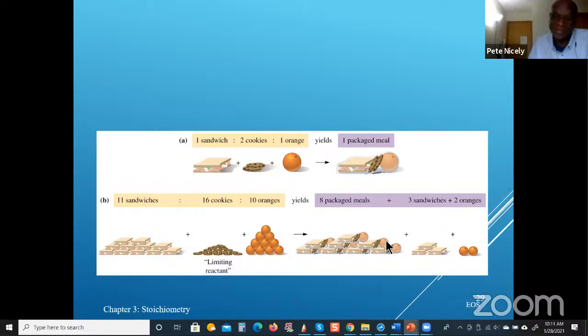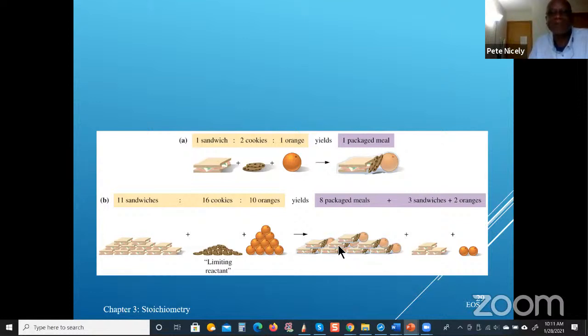So in this non-chemistry example, the cookies would be the quote unquote limiting reactant, or limiting item, because based on the amounts available of each of them, the cookies would be the ones that limit the amount of product you're going to get. So based on this equation, the amount of complete meals would be 8 packaged meals.